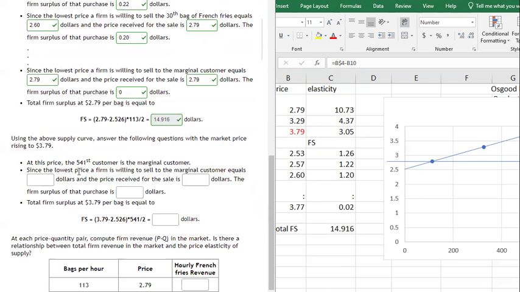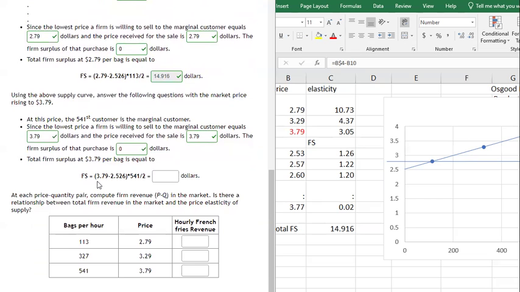Since the lowest price a firm is willing to sell to the marginal customer equals 379, remember the firm surplus is going to be 0 because the seller and consumer are indifferent between making the exchange. So it's going to be 0, even though I have it at 0.02. That firm surplus is going to be 0. So at the market price of 379, surpluses are both 0.